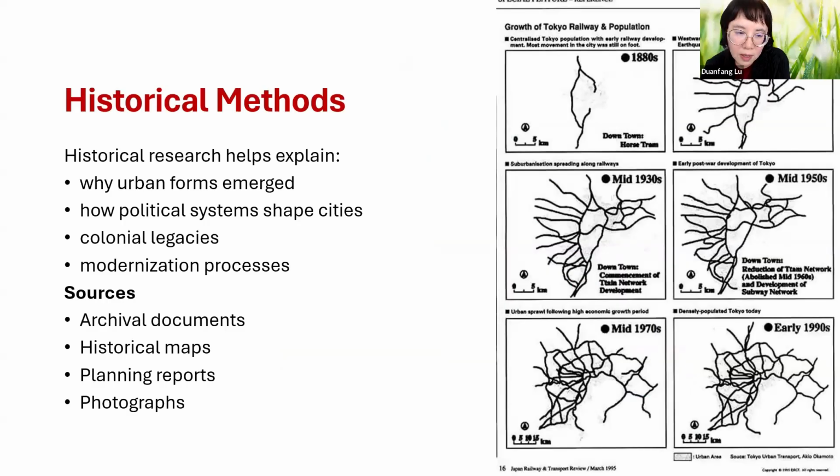Historical methods are quite important as well, because if you understand how urban forms developed over time in that area, then you might be able to understand better how the urban form might further evolve from this time on.